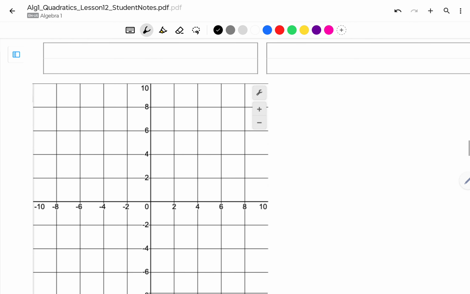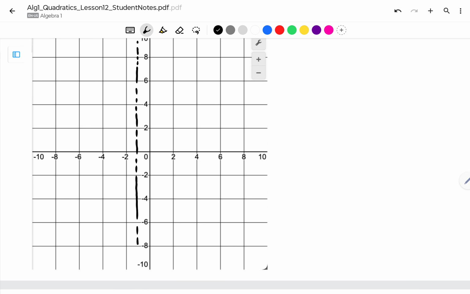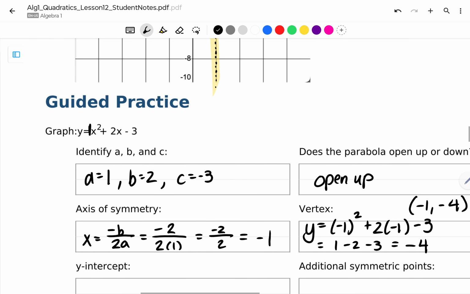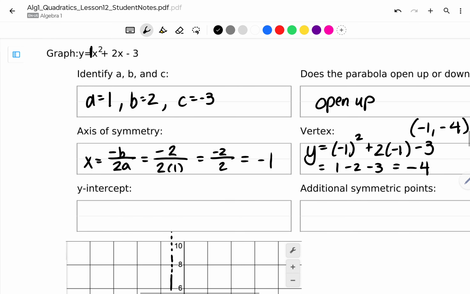So let's kind of combine all of this stuff, right? We have our axis of symmetry at negative 1 this time. Negative 1, negative 4 is our vertex right here. Do we have any y-intercepts? If I plug in 0, it's just going to be negative 3, right?